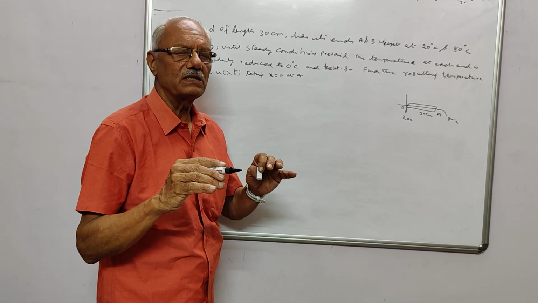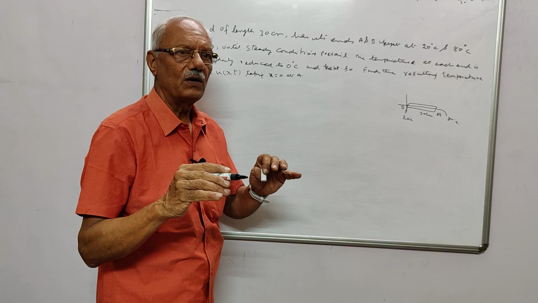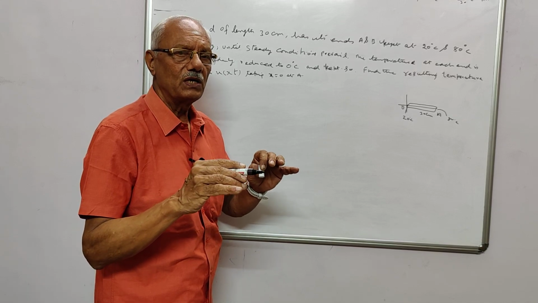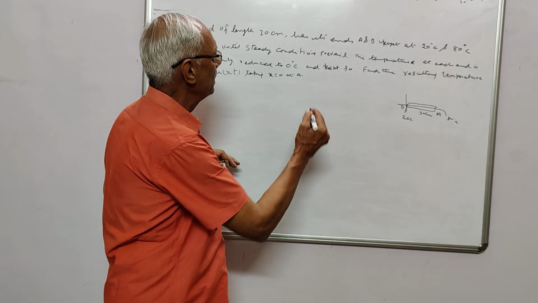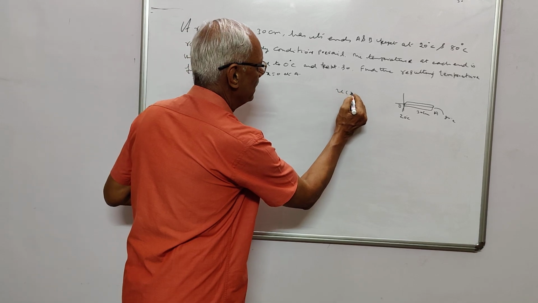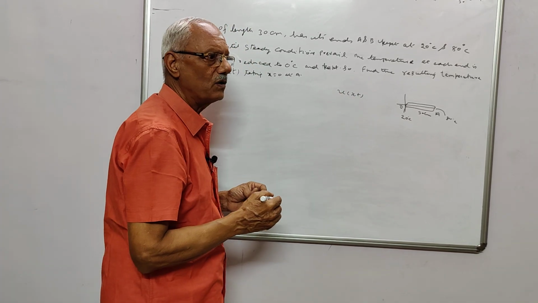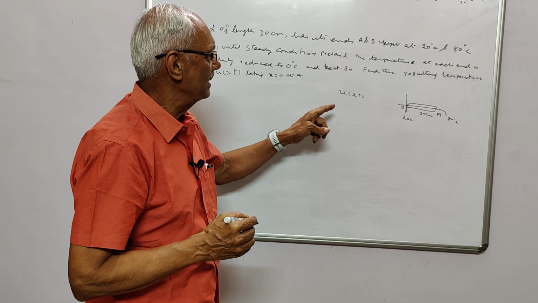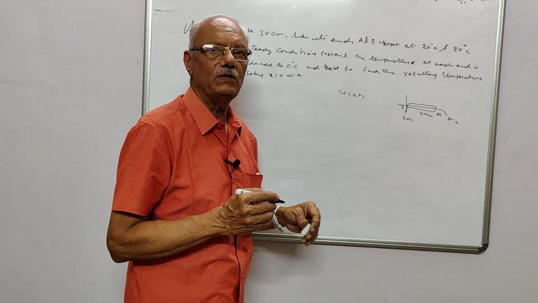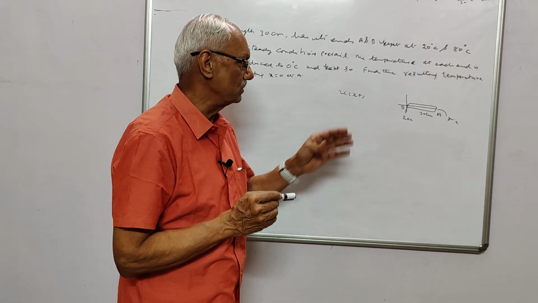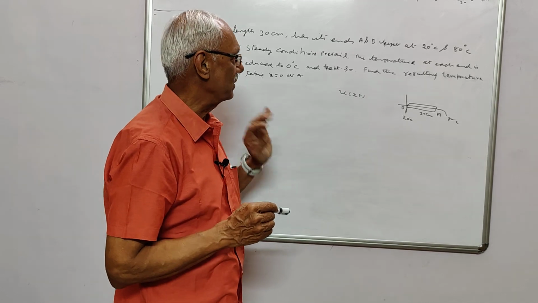A steady state in the sense that the heat distribution function, namely u of x,t, will be independent of time, in the sense that the derivative of u with respect to t will be 0. I'll write the equation afterwards.